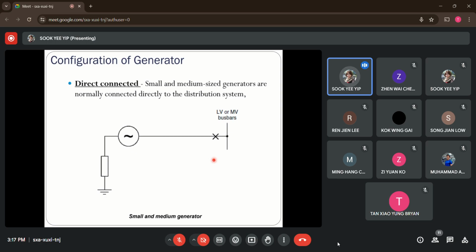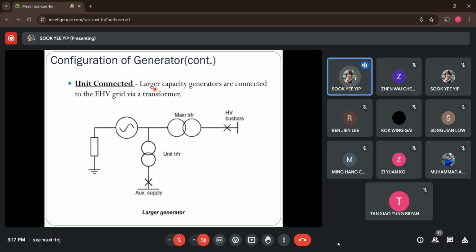All right, so we have another one, which is for bigger size generators that are able to generate much higher power. It is known as the unit connected generator system, with a much higher impedance value. For larger capacity generators, there will be a dedicated transformer. This is what we call the unit transformer. This is what we call the main transformer.